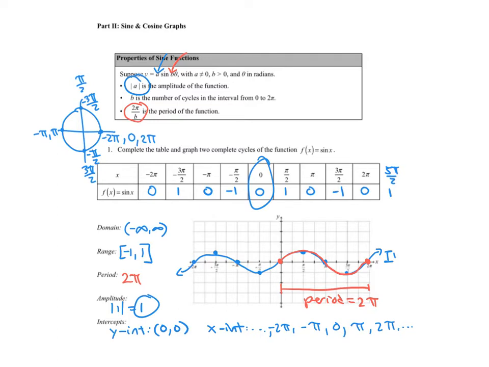So the way we could express the x-intercepts is x equals pi k, where k is any integer. So any integer multiple of pi would be an x-intercept for this graph.